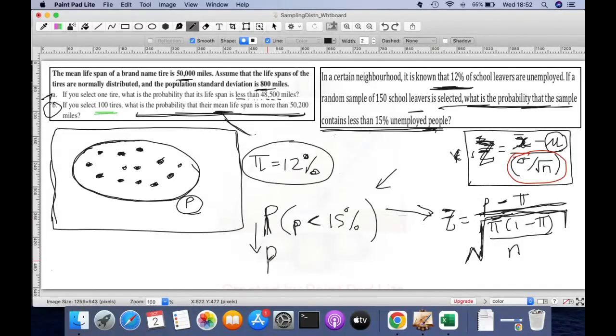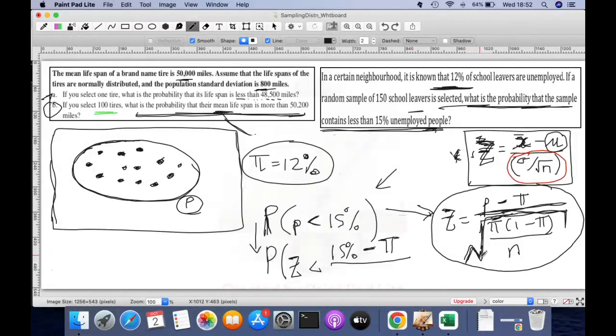So this is going to become a probability. I'm no more talking about p, I'm talking about Z. Now to convert this 15% to a Z equivalent value, I use this formula. For the p value, it's going to be 15%. So it's 15% minus pi, all over this entire denominator here.